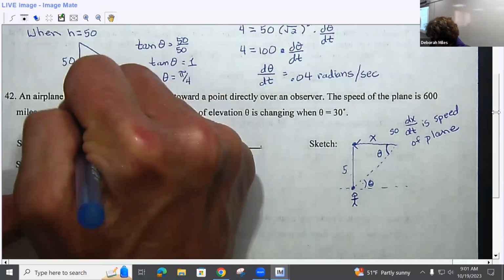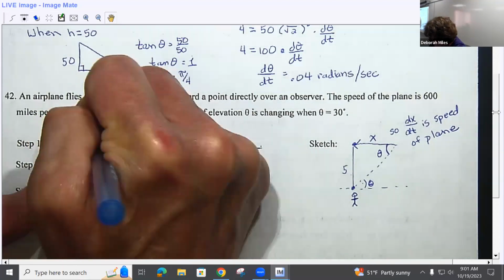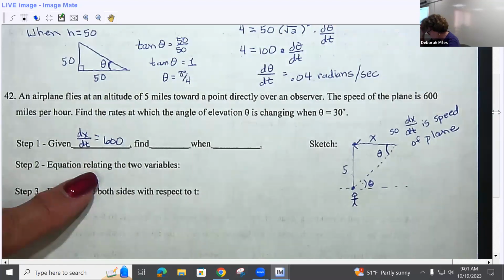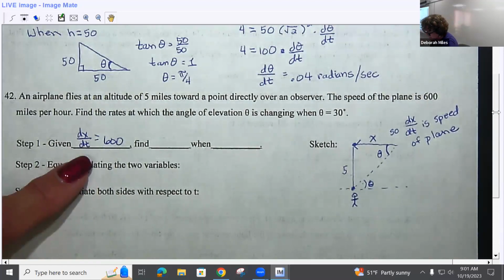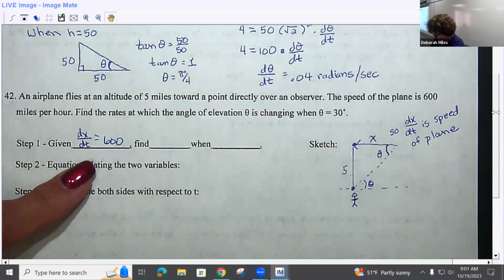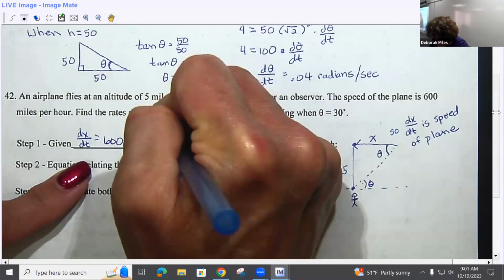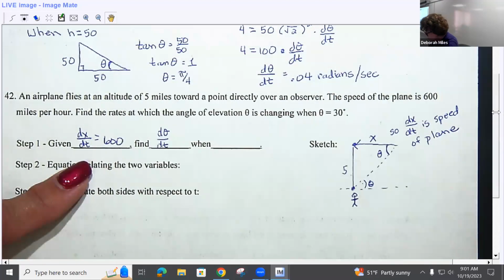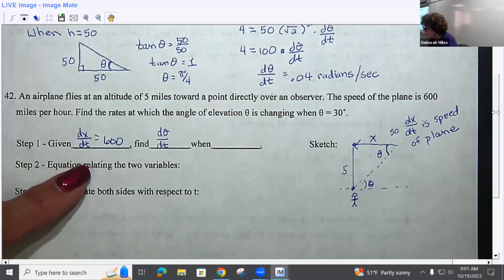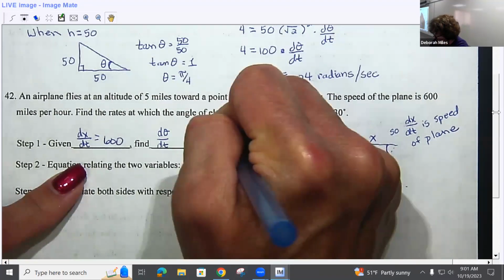Sounds like we're given dx over dt is 600. What's the symbol for the rate at which the angle of elevation theta is changing? d theta over dt. Find d theta over dt when, what's the other thing we're given? When theta is 30 degrees.